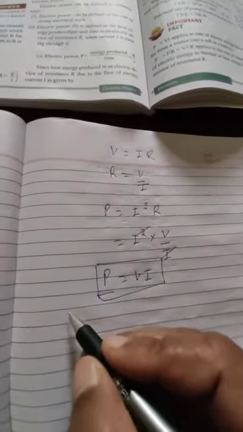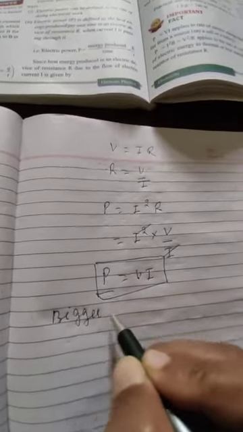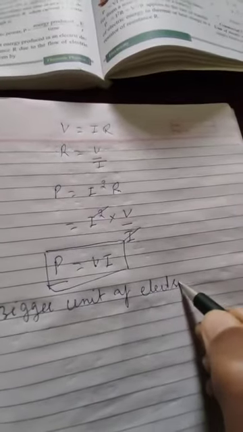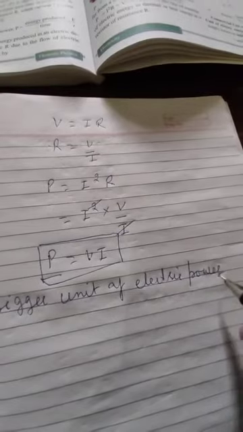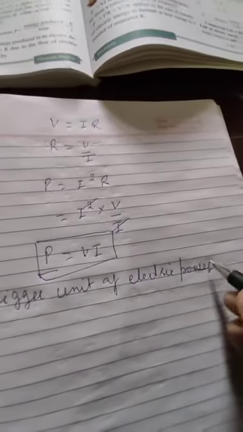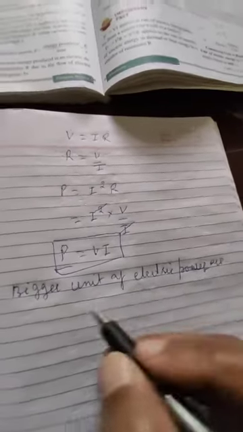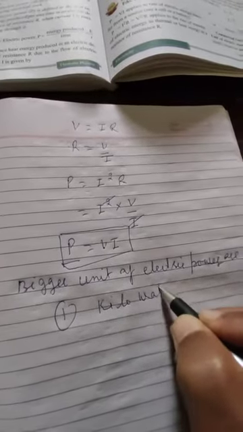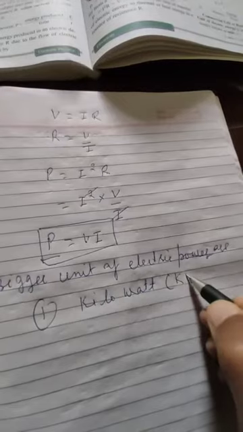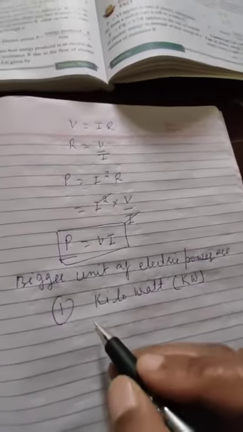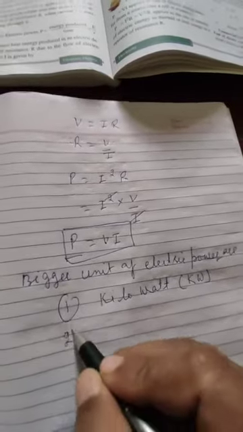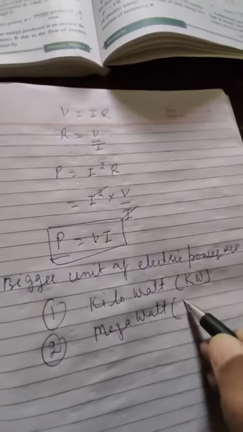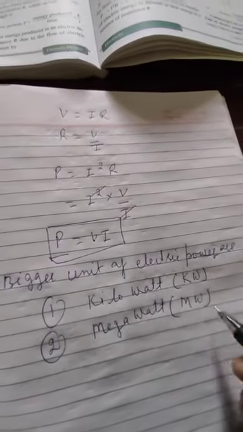So the bigger units of electric power are, one is kilowatt, and the symbol is kW. Another is megawatt, and it is MW.